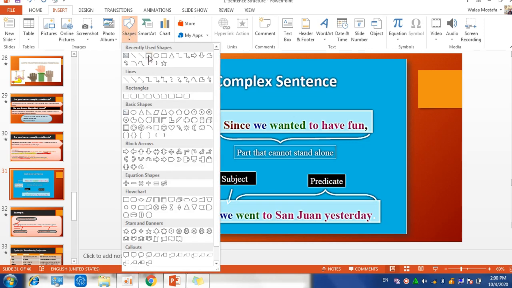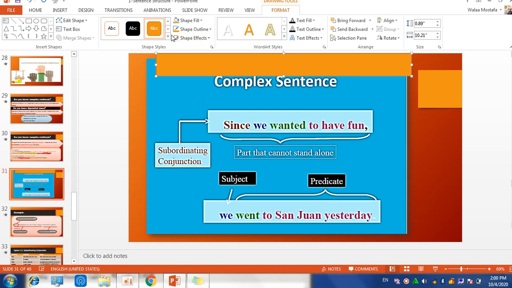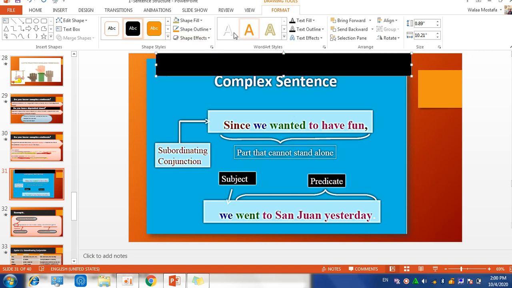Let's insert a box here and write this sentence again. The sentence will go like this. We start with since we wanted to have fun. This part cannot stand alone, so we call it a dependent one. Then we went to San Juan yesterday.